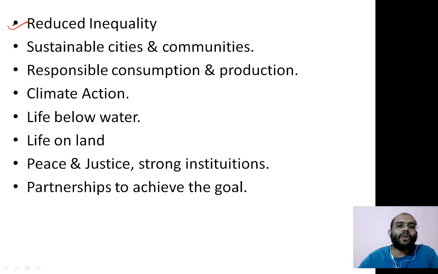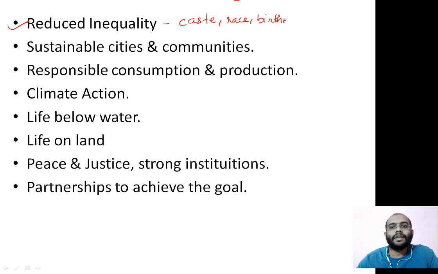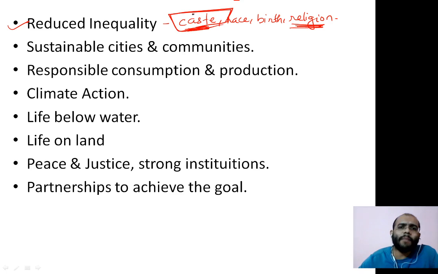This inequality is the inequality meted out to persons on the basis of caste, race, birth, religion. In India also we witness almost all these things, caste and religion. Sometimes minorities have been targeted. Sometimes we harass humans on the basis of their caste and race.